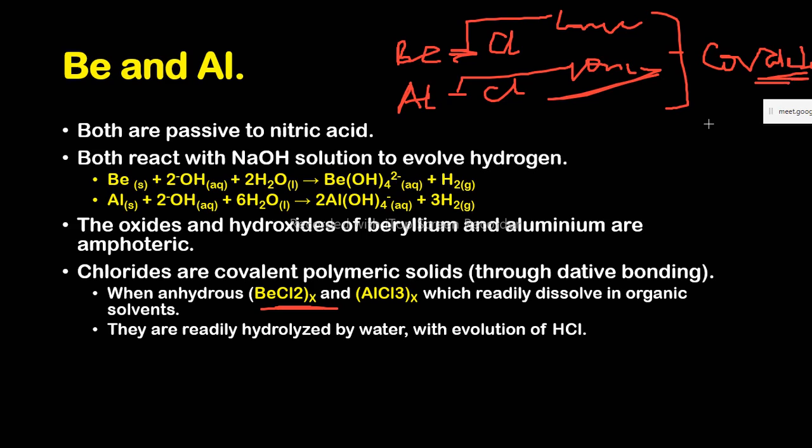Why? Because these metal ions, beryllium and aluminium, have a high polarization power, so they will highly polarize the AlCl bond and the BeCl bond. And if you polarize it, the bond ceases from being ionic to become more of a covalent bond.